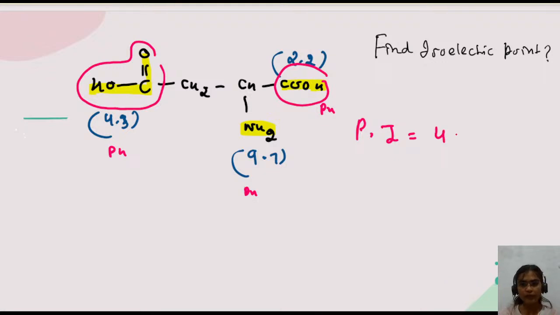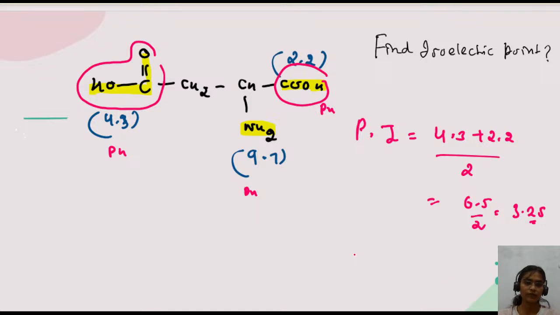So 4.3, and the second one, 2.2. Add them and then take the average. So it becomes 6.5 divided by 2, and we end up with 3.25. So this is the final answer of the question. Okay, this is the point number one. Second type of question. This is question number one.